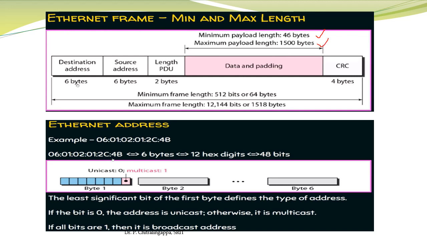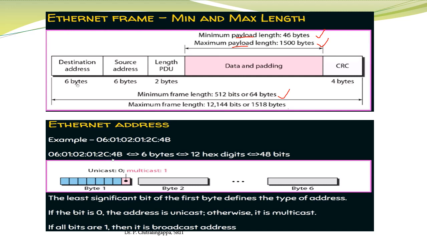The payload is the original data we are transmitting. The minimum frame length is 64 bytes and the maximum frame length is 1518 bytes.